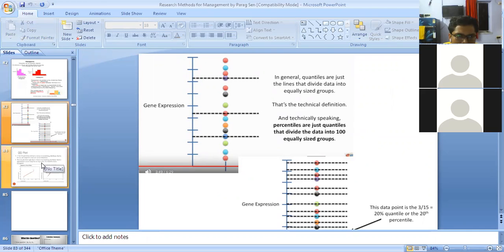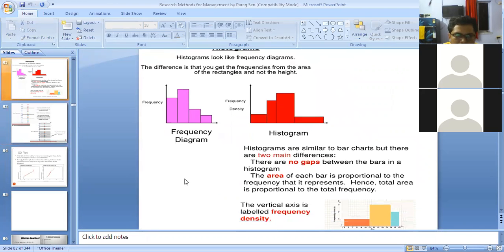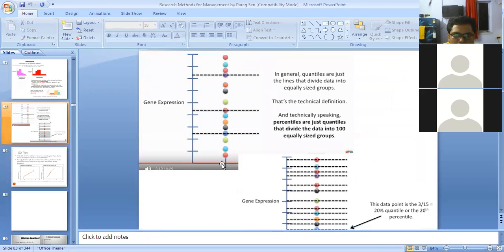So what is a quantile? Here along the x-axis, one particular gene expression is represented by the data.